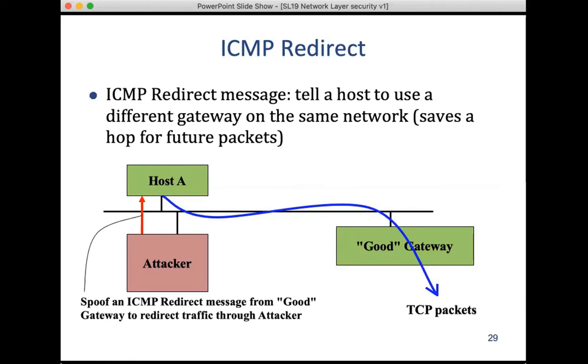So what we'll do is spoof the IP address of this gateway and create an ICMP message such that host A will think it has come from the good gateway, and it will say to use a different gateway. As a result, now the message will pass through this attacker.